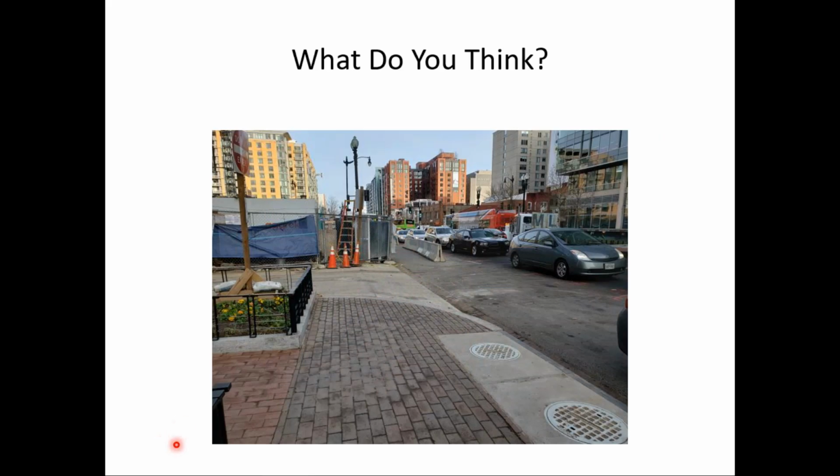So offhand, I don't have a good solution, but I think this photo does a good job of trying to illustrate some of the challenges and some of the issues we face in trying to incorporate these accessibility principles into our temporary traffic control for sidewalks.